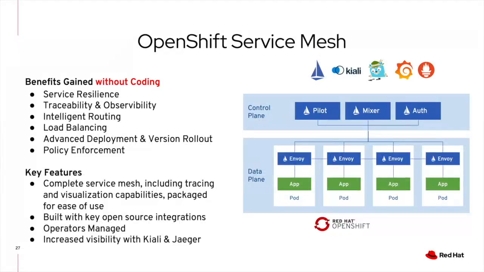The OpenShift service mesh is based on Istio, but it's also packaged with Jaeger and Kiali to improve the observability and control of the service mesh. Jaeger is a tracing tool that is used to visualize the performance of an application, whereas Kiali can be used to provide a topology view and control of the service mesh.